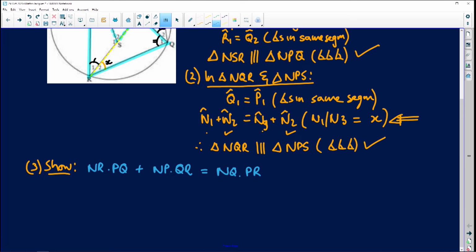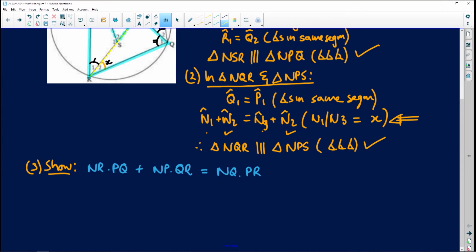Now, folks, you've got to ask yourself, how did the examiner get to that? It's not difficult. You've just got to decipher what is written there. You've got to take one ratio and you've got to add another ratio to it. So let's search for those ratios. I want NR and PQ. Well, in my first one, there's NR and there's PQ.